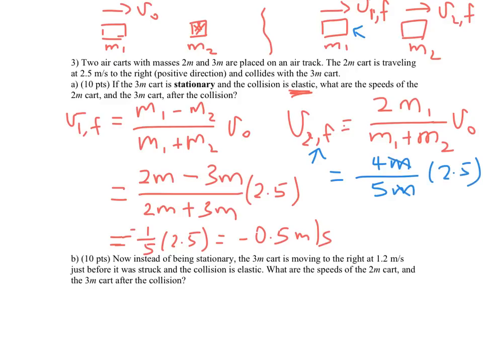The m's cancel, and 0.8 times 2.5 is equal to 2.0 meters per second. So those are the two answers.